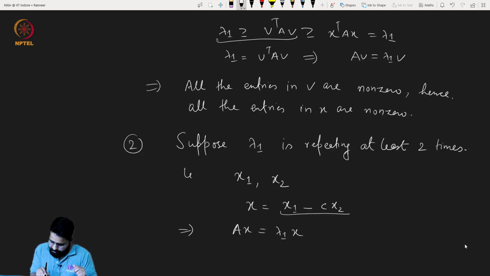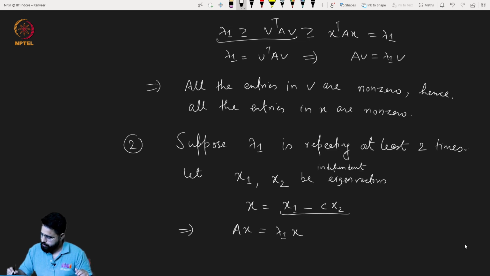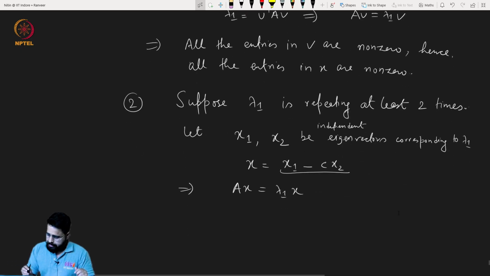So let x1 and x2 be independent or orthogonal eigenvectors corresponding to lambda 1. So Ax is equal to lambda 1 x will also be true, because x is a linear combination of 2 eigenvectors.